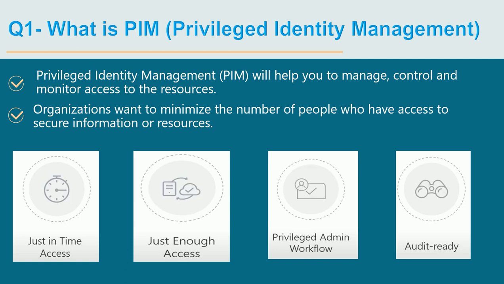So as I explained, basically PIM is used to limit your admin rights. If you raise the PIM request, you will have the admin access for certain hours, then automatically it will roll back to the normal user as a read-only user. So that will reduce the high risk.